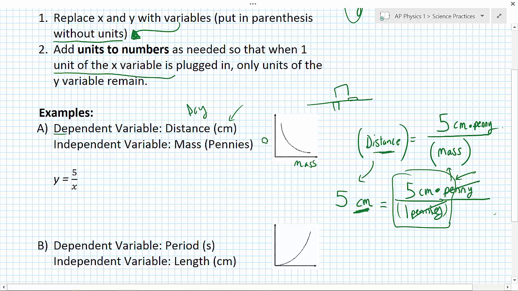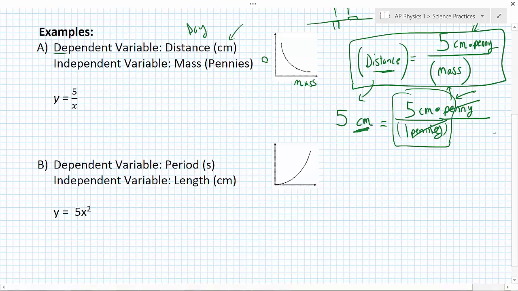With those unit combinations, I could plug in any mass I want: 1 penny, 2 penny, 3 penny, 4 penny, 5 penny, it doesn't matter. After the units cancel, I'm going to be left with the unit that I want left standing, and that's going to be centimeters. So I would go and add on the unit centimeters times penny, and then this would be my final physics equation. To make sure you've got it, I'm going to do another example.